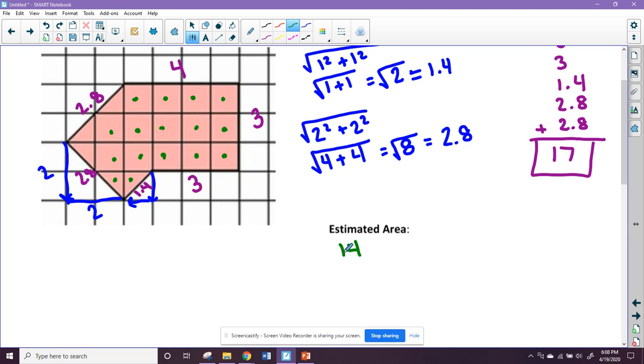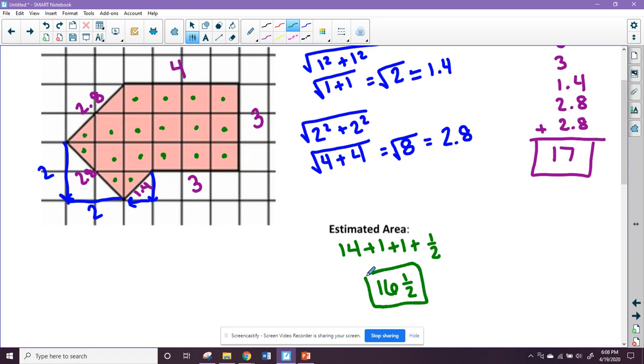These two make a whole. These two make a whole. And then we're left over with a half right here. So plus a half. So our area is going to be 16 and a half here.